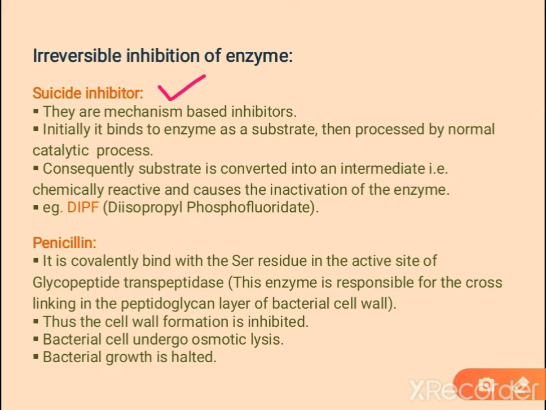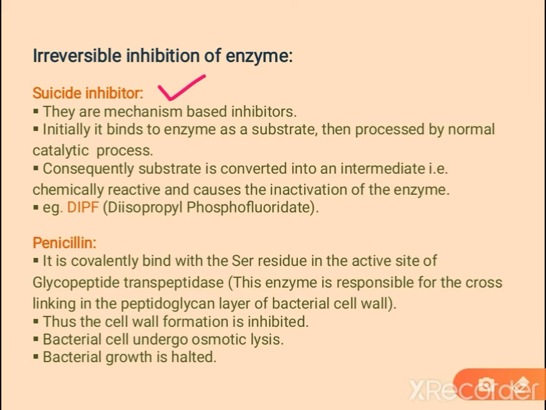They come to the enzyme and present themselves as the substrate. That is why the enzyme gets attached to it, and they are also processed by the normal catalytic process. Consequently, the substrate is converted into an intermediate that is chemically highly reactive.